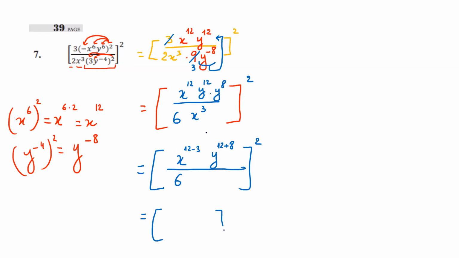We get x to the 9th times y to the 20th over 6. We apply again the property of exponents. We get x to the 18th, y to the 20 all squared, so 40, and 6 squared is 36.